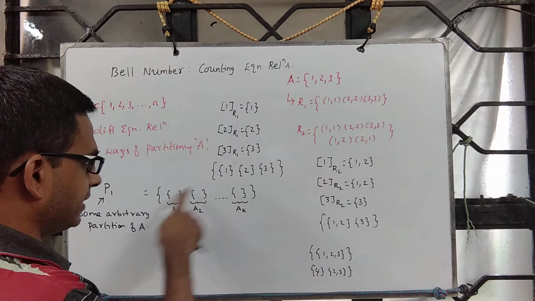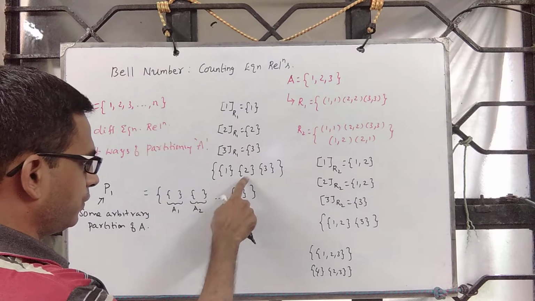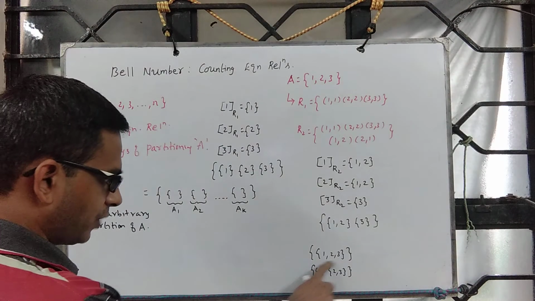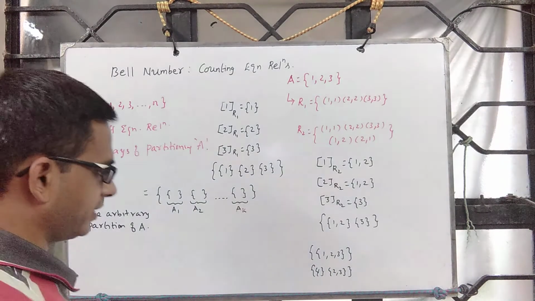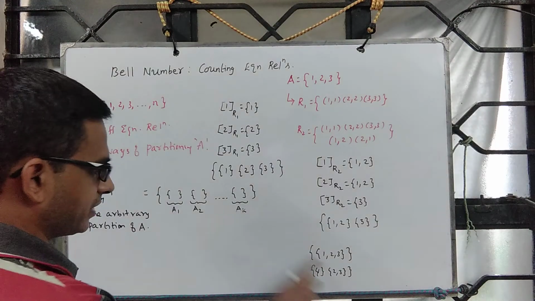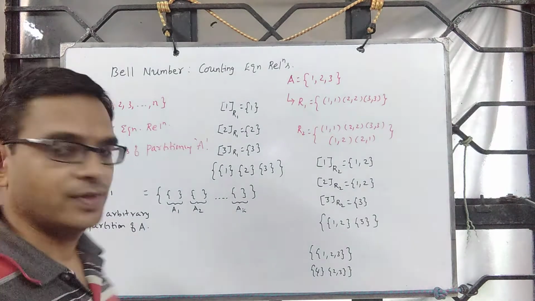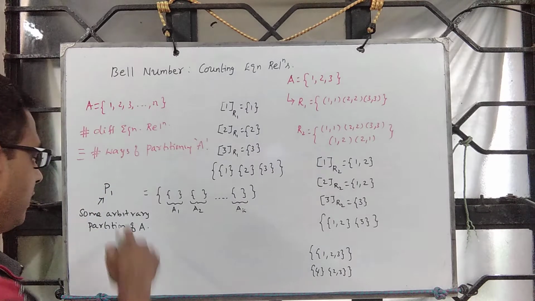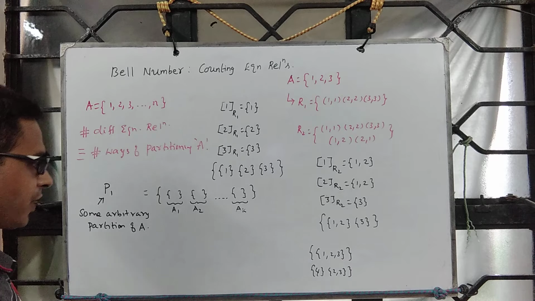This may represent just 1, this may represent 2, this may represent 3, or this may represent {1, 2, 3} and all the others are null, or this may represent {1} and this may represent {2, 3}. So it could be any partition of the underlying set A.